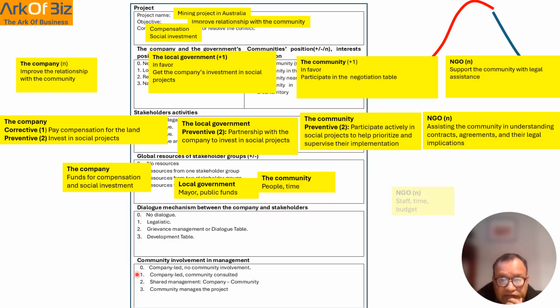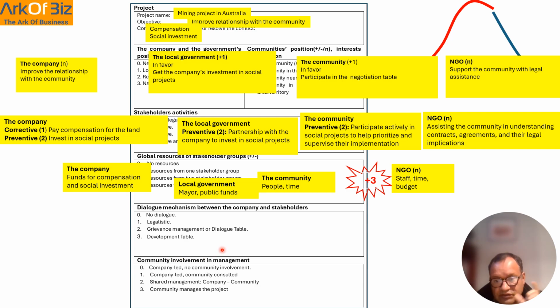So now let's go to the dialogue mechanism between the company and stakeholder for the conflict resolution stage. The company shouldn't be part of these elements because it's the relationship with the company and other stakeholders. So we have the local government.